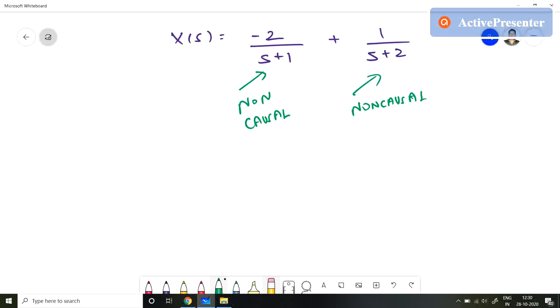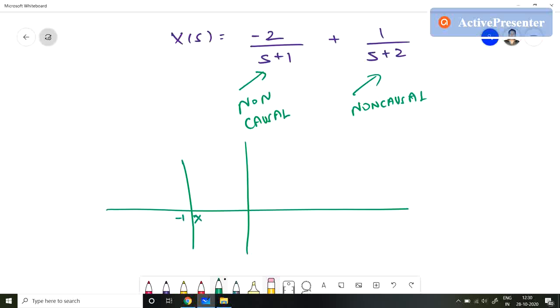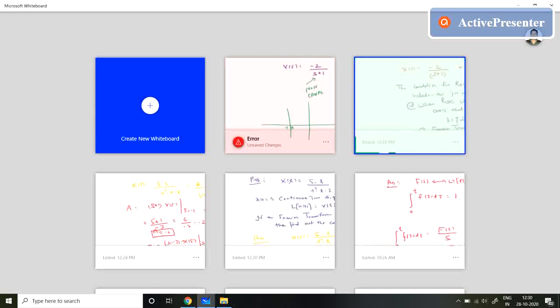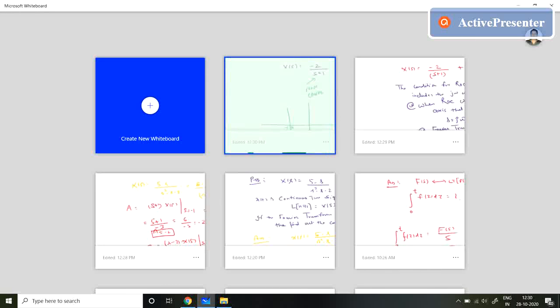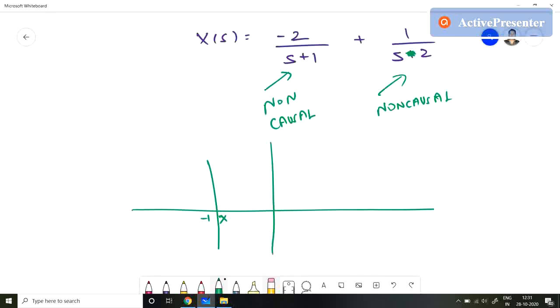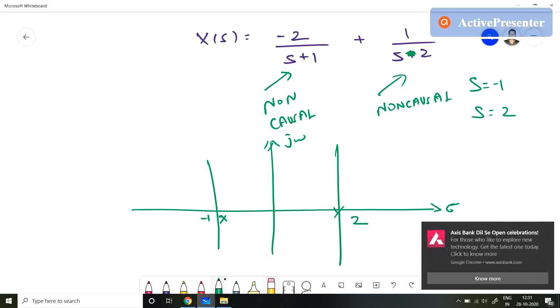So if both are non-causal, then there is a pole at minus 1 and there is a pole at 2, because we have poles at s equal to minus 1 and s equal to 2. Now this is sigma and this is j omega.